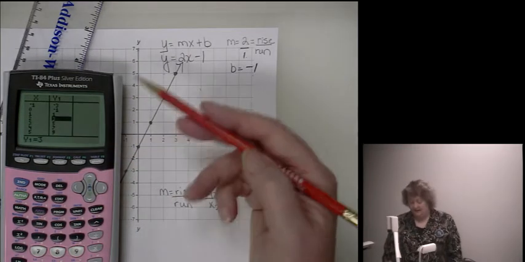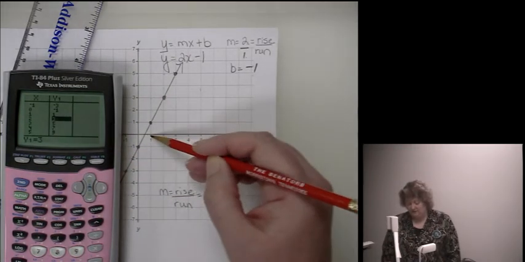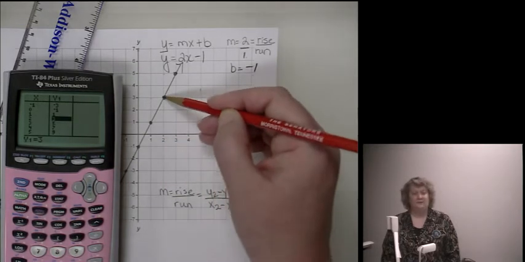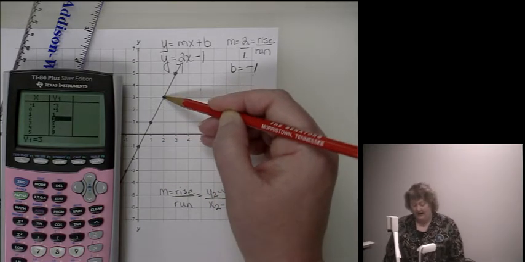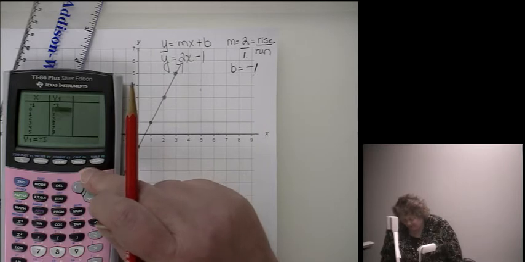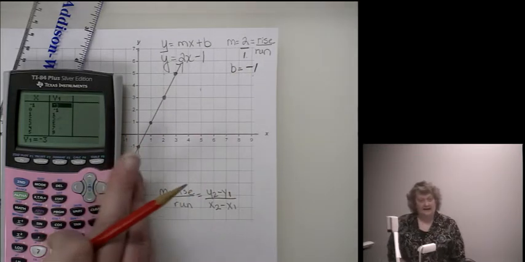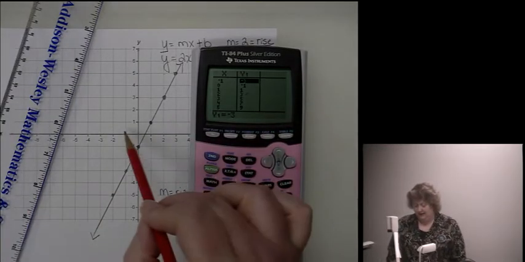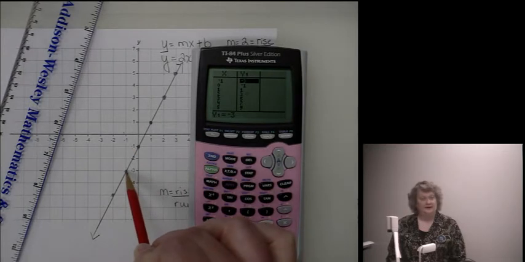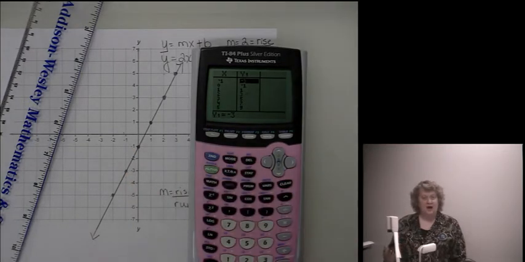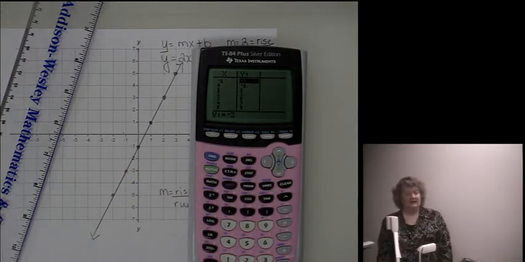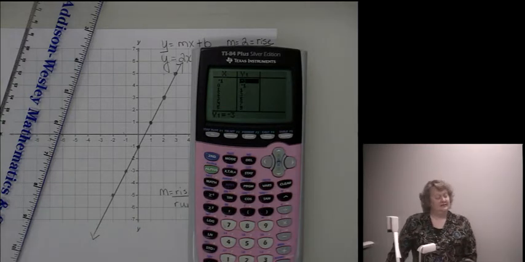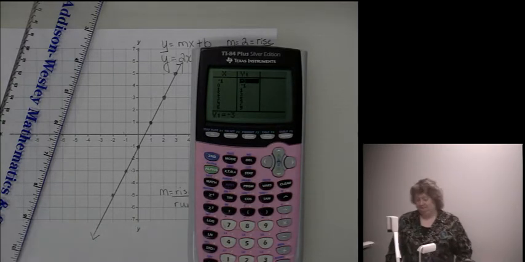I'm going to go over 2, up 3, and that's a point on my graph. How about -1, -3? There it is on my graph. And so I've got a couple of points that are on my graph, and so my graph is accurate.